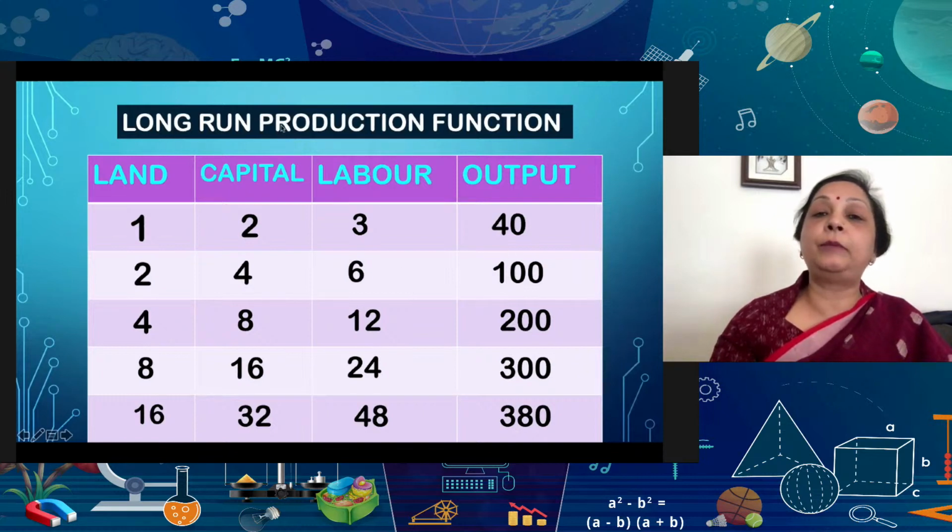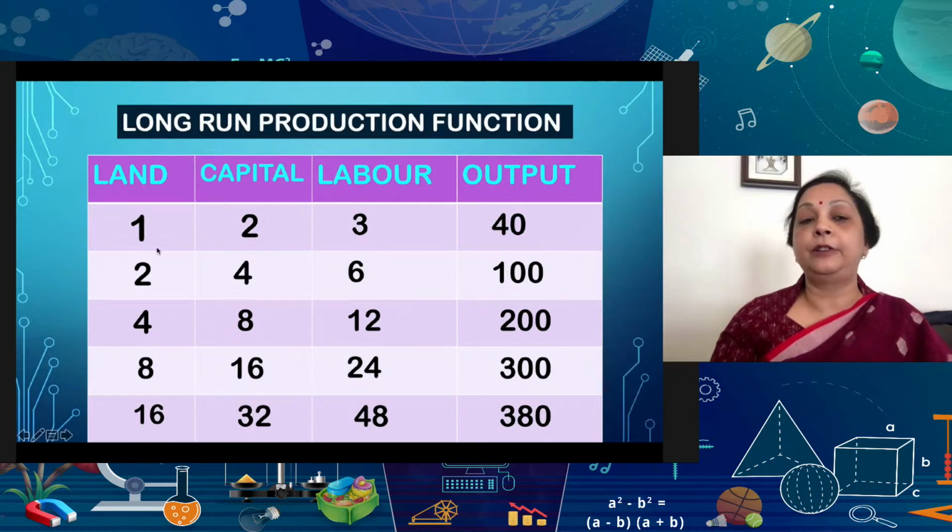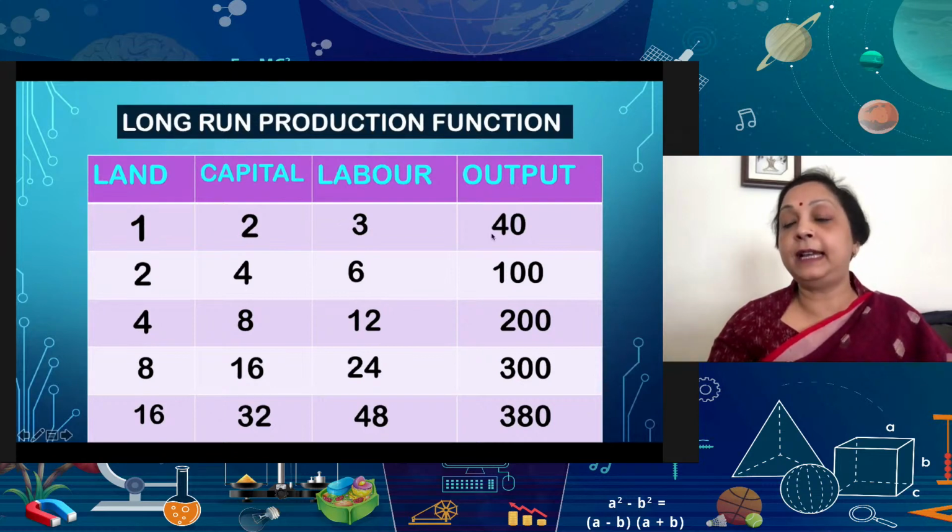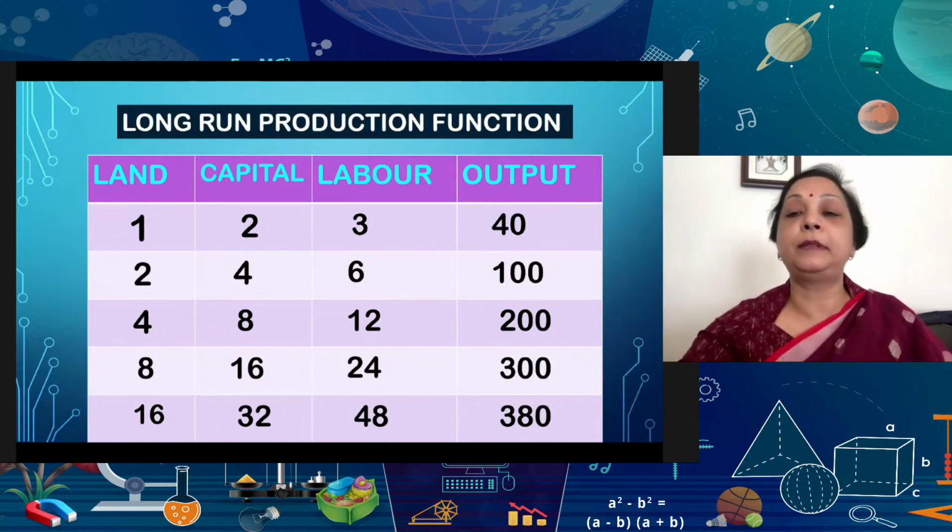This is a long run production function. Why? Because all the factors of production are being changed in the same proportion. And this is the maximum output which is producible. So if you use this combination, 1 unit of land, 2 units of capital, and 3 units of labor, 40 is the maximum output that you can produce with the same technology.